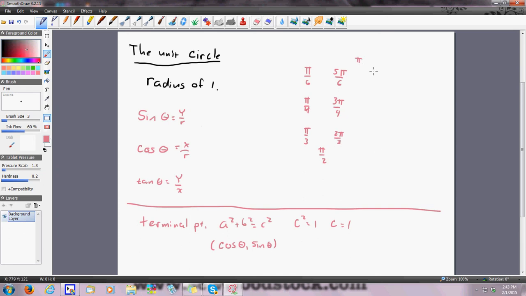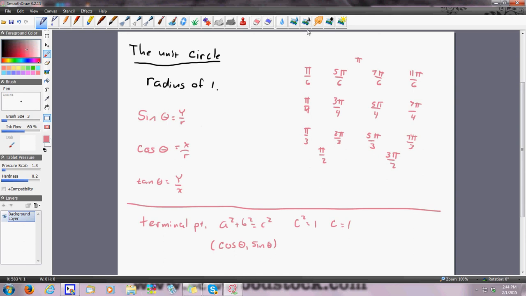This is going to be 7 pi over 6, 5 pi over 4, 5 pi over 3, 3 pi over 2, and then 11 pi over 6, 7 pi over 4.